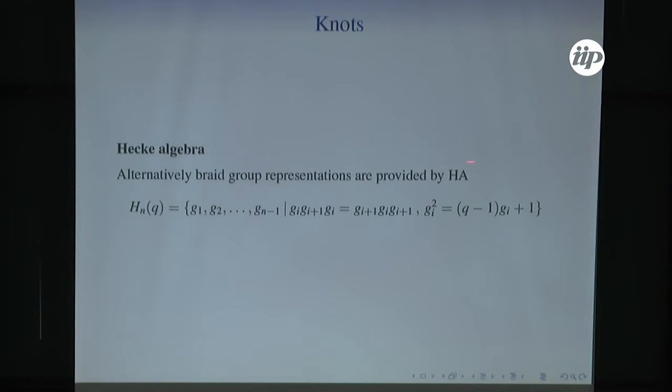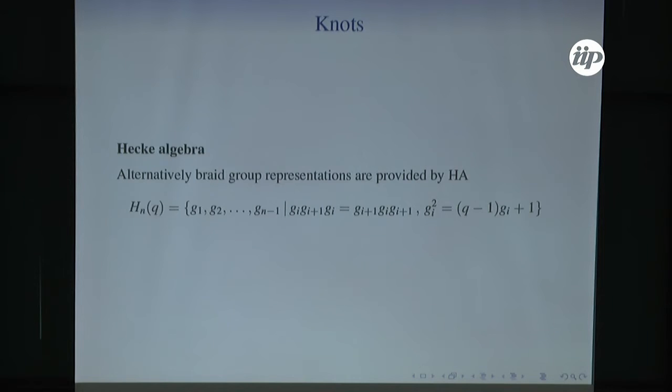You can think of this quadratic relation as a deformation. This Hecke algebra is a deformation of the permutation algebra. So when Q equals 1, you get just the permutation group. So representations of the Hecke algebra can be constructed, in some way, starting from representations of the permutation group.